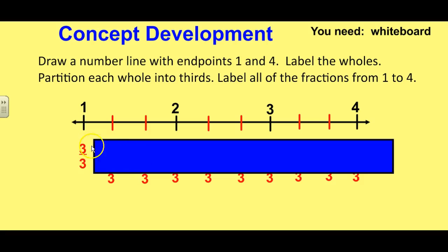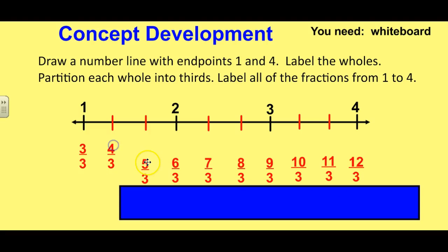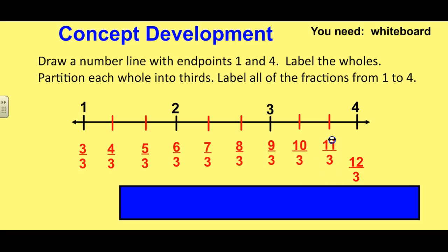We know that we're going from 3/3, and all we have to do is start counting up. So we're going to go to 4/3, and then we're going to have 5/3. 2 wholes is equal to 6/3, and then we've got 7/3, 8/3. 3 wholes is equal to 9/3, and then we have 10/3, 11/3, and 12/3.